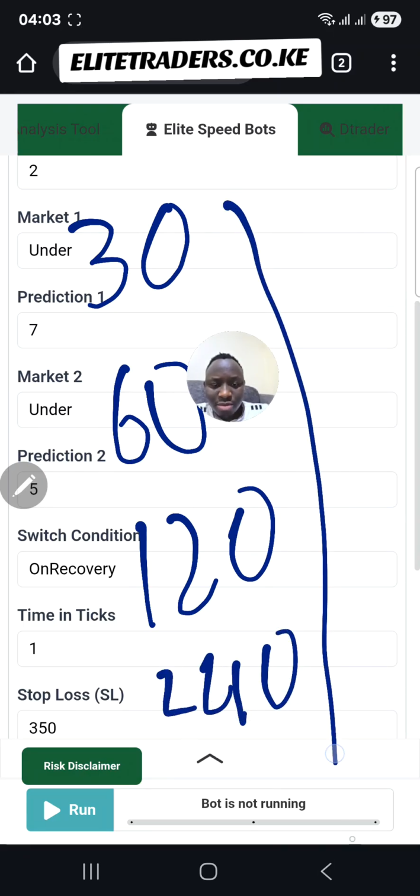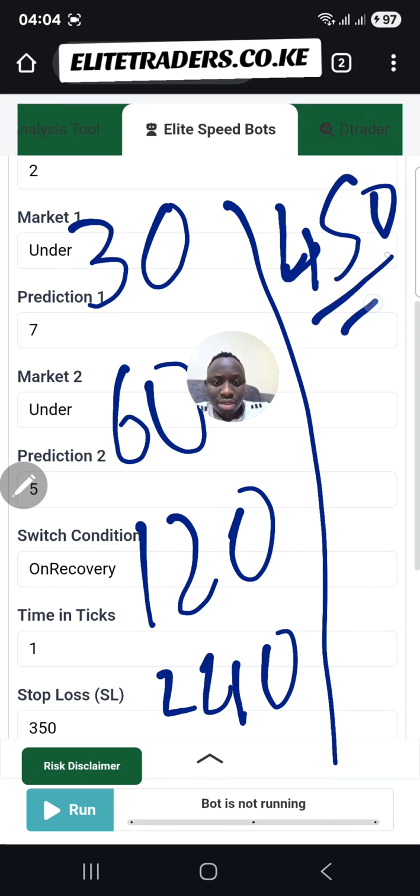So if you do a summation of this, that's like how much? That's 450. That's a lot. If we lose 450 and we have an account of $600, that's being stupid.